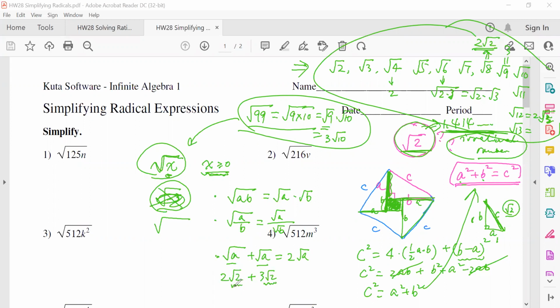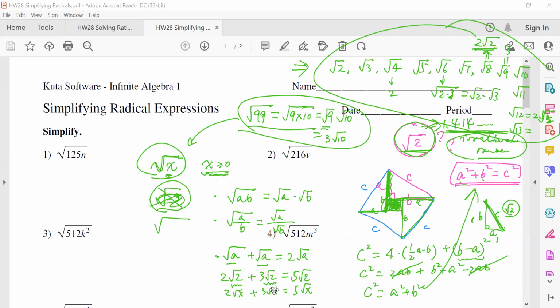Square root 2 is a number like 1.414, and there are 2 times this number and 3 times this number, so you can combine them. Likewise, 2 square root x plus 3 square root x can also combine into 5 square root x, supposing x is greater than or equal to 0.